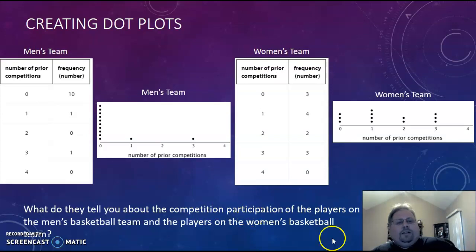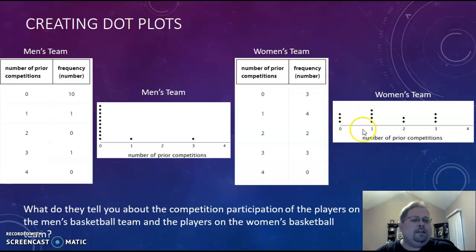What do they tell you about the competition participation of the players on the men's team and the players on the women's basketball team? Basically, it's saying that the majority of the men's players have not competed in any international competitions prior to 2016, because we have 10 out of the 12 players on 0.